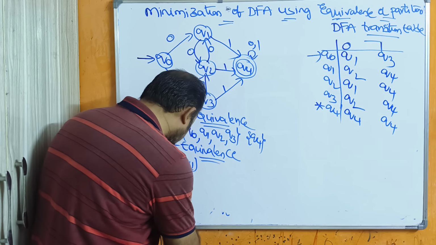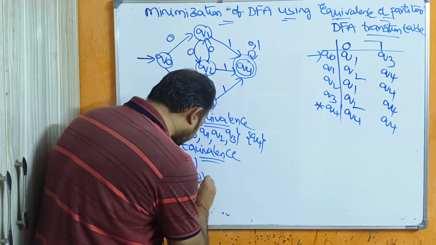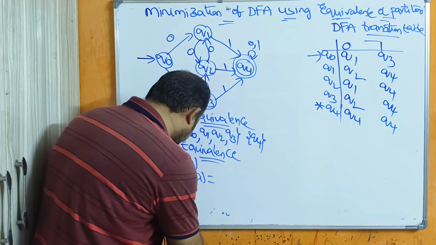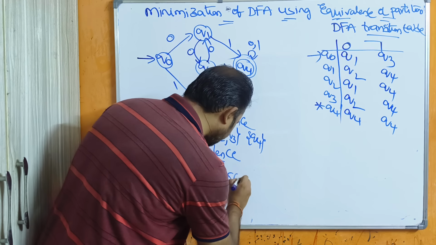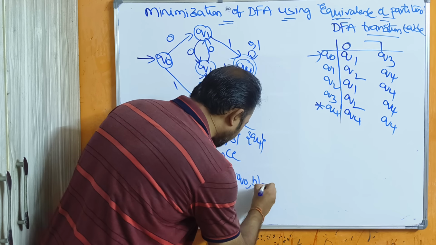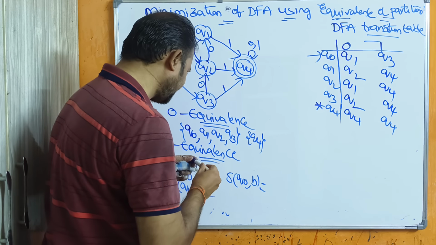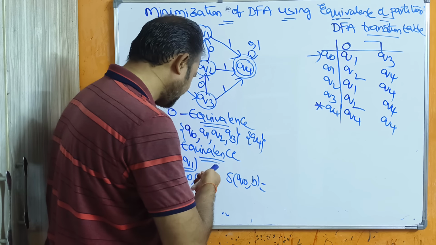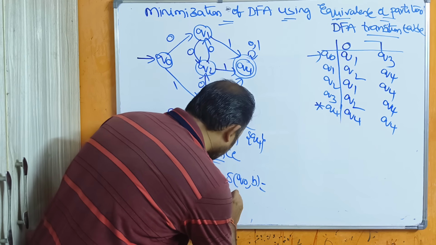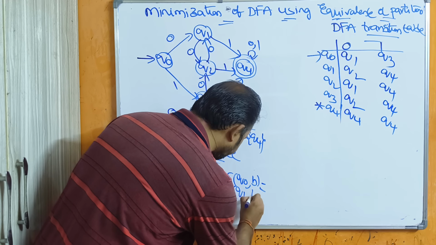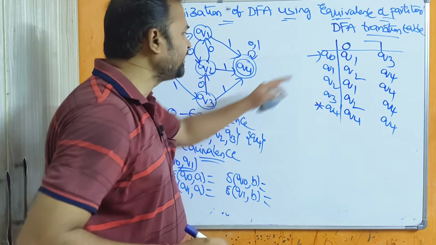For that, delta of Q0 comma A, and delta of Q1 comma A, next delta of Q0 comma B, and delta of Q1 comma B. What is Q0 on A? Q1.